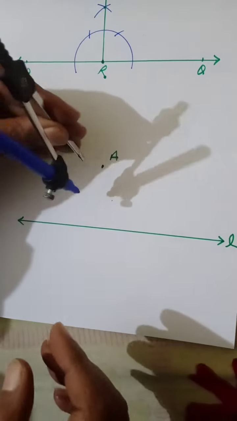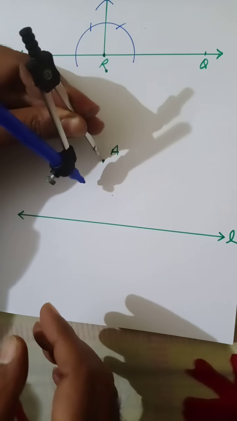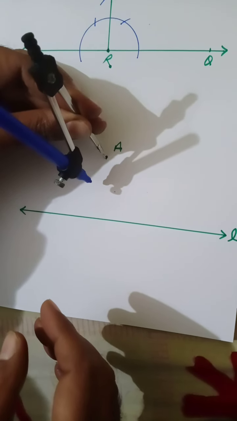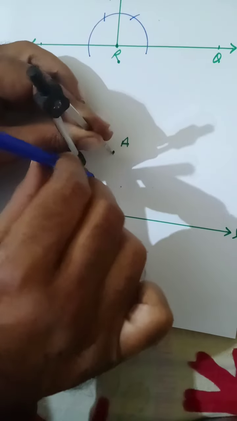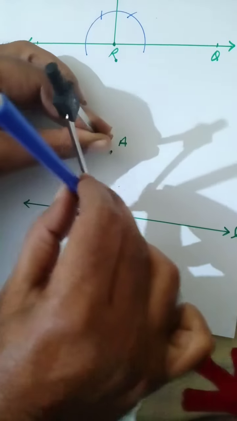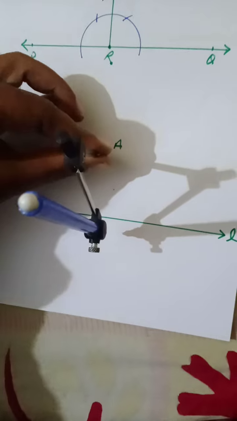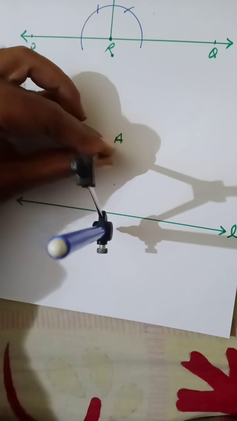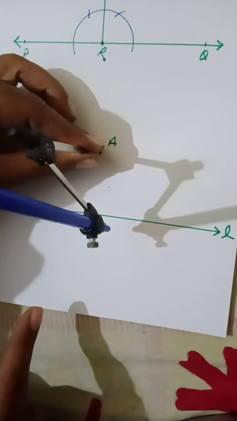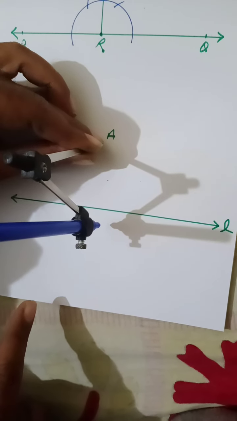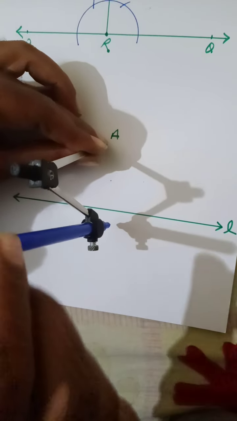Now take the compass and put the needle at A and then open the compass like this, and your pencil should be below this line. Pencil should be below this line. Okay.